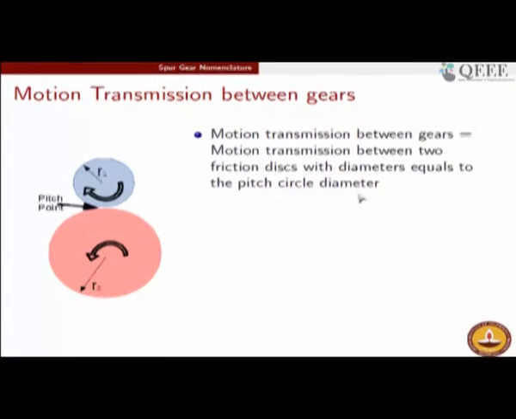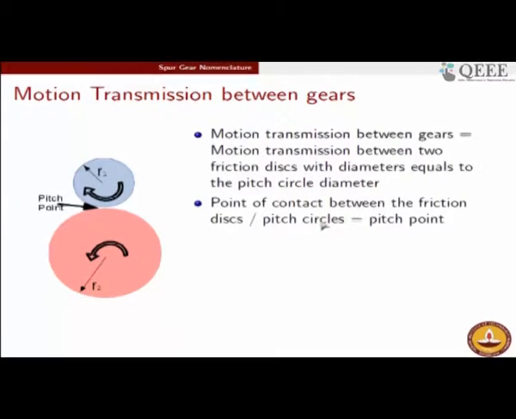So, we have contrived this pitch circle business simply to reduce the concept of motion transmission of gears to the concept of friction discs, and we pretty well know how to do the motion transmission for friction discs, because that was omega 1 r1 equals omega 2 r2. So, here too we will get the same relation, but remember r1 and r2 are the pitch circle radii, not any arbitrary radius which you may measure looking at the gear, right.